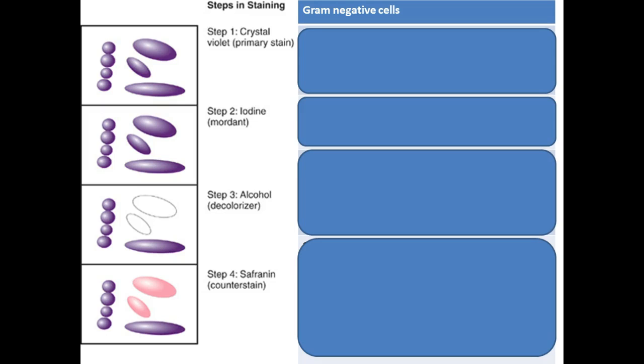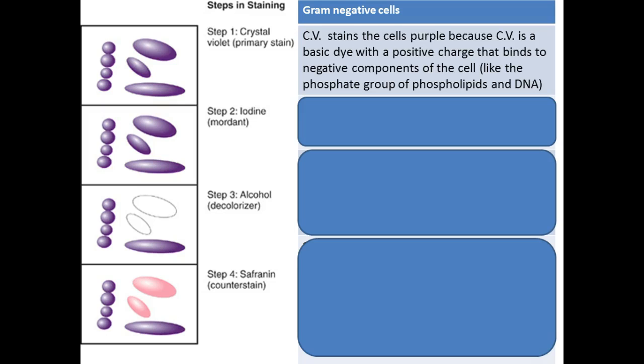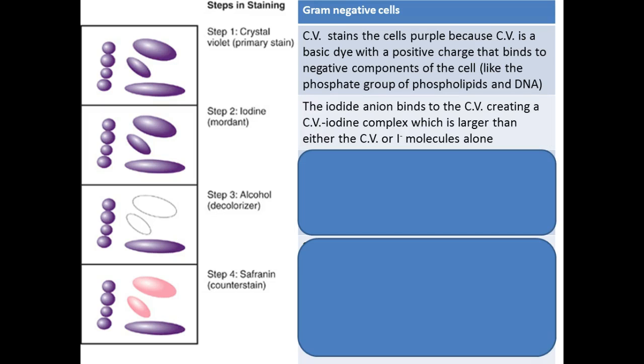So gram-negatives. First step, crystal violet, right? What color of the cell is going to be? Purple. Second step, iodine. What's going to happen? Yeah, it's going to make that complex, right? Crystal violet and iodine are going to bind with each other. It is this step where we become different, right? This decolorization step.